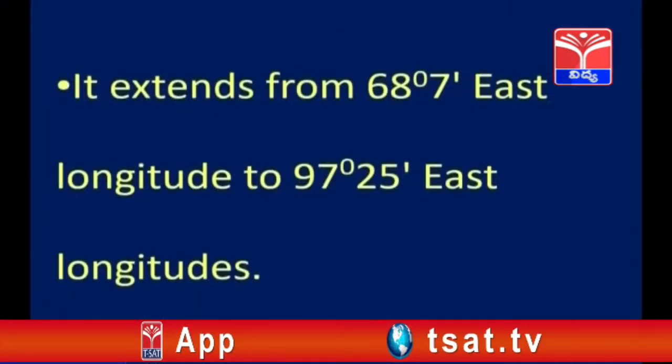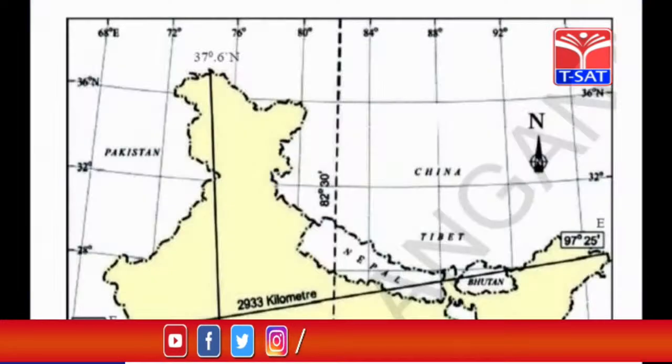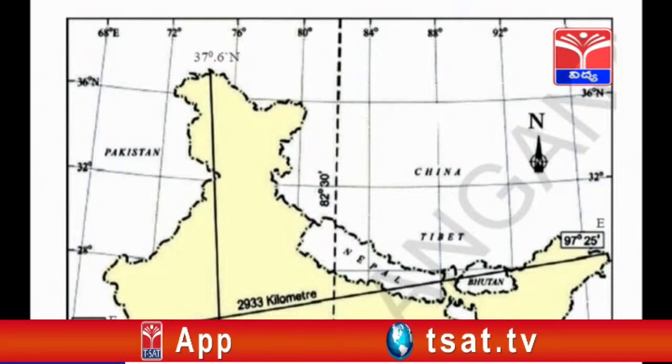It extends from 68 degrees 7 minutes of the eastern longitude to 97 degrees 25 minutes of the eastern longitude. Observe this one. Towards the east side and the west side, from Gujarat up to Arunachal Pradesh, the main longitudes we can see here.